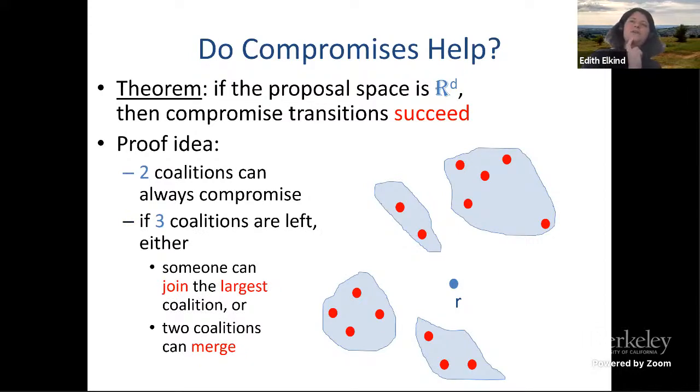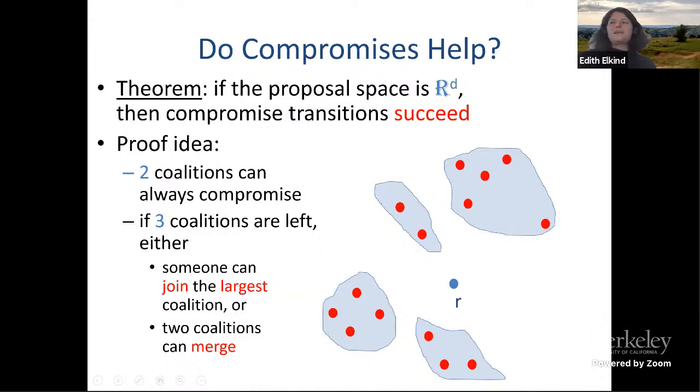So suppose I have 3 or more coalitions. In this case, what I'm going to argue is that either there is a single agent deviation in which some agent can join one of the maximum size coalitions, or else there are 2 coalitions that can merge. The first one is a single agent deviation, the second one is a merge deviation. Both can be thought of as special cases of compromise transitions.